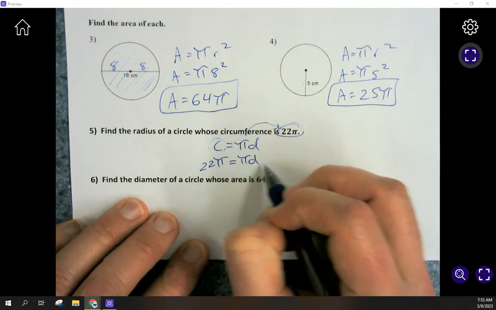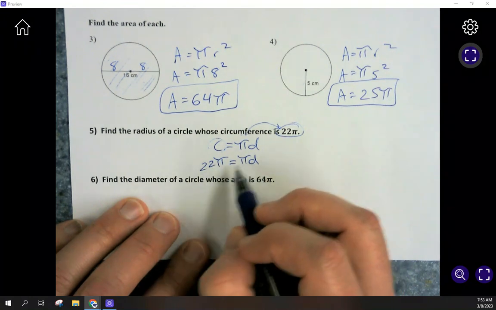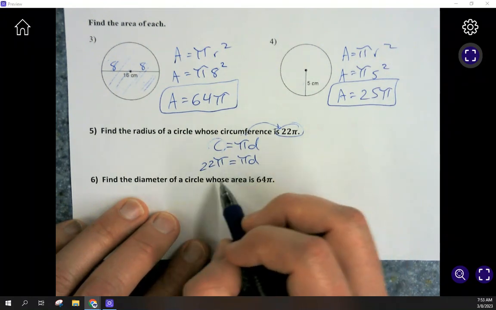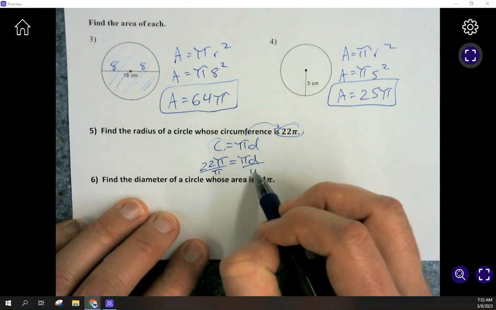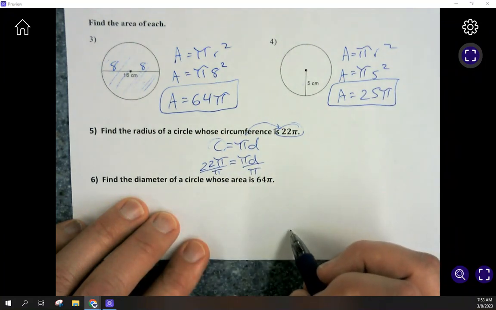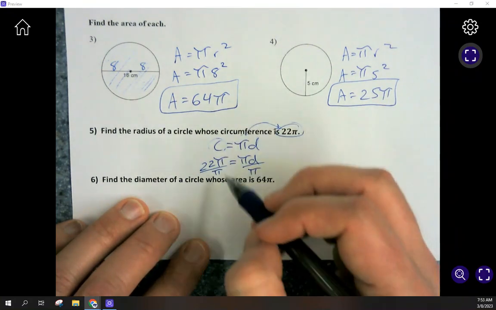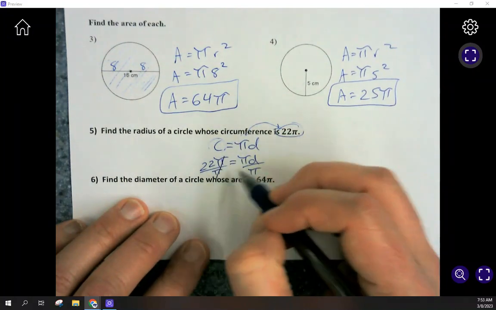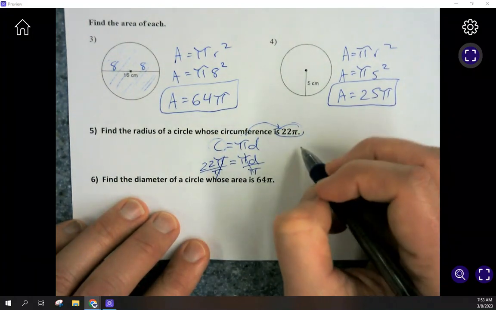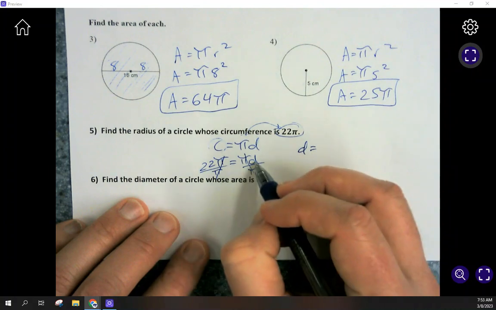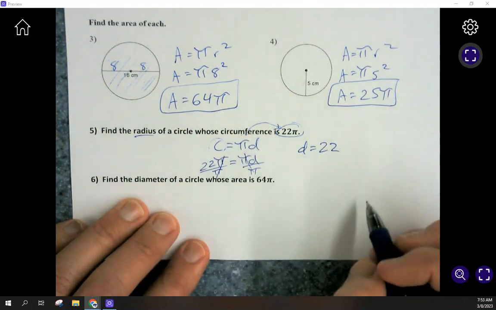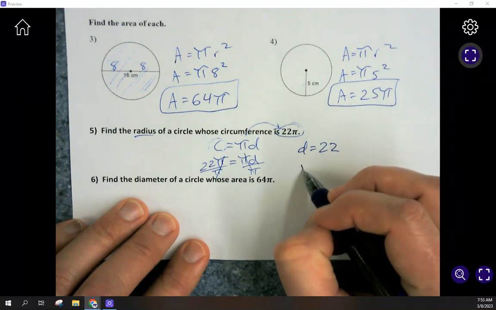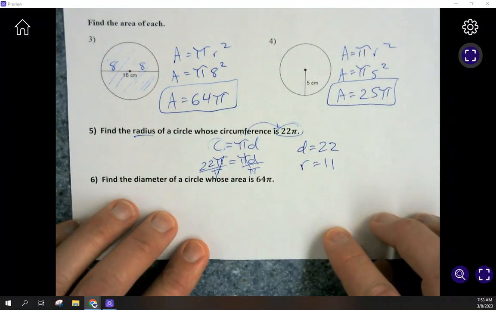That equals pi times the diameter. So you can see how that lines up. 22 is the diameter. Algebraically, what you're actually going to want to do is divide by pi on both sides. We can always divide by the same number on both sides, multiply by the same number on both sides. It clears out pi. So diameter is left equals 22. And now they want the radius. Radius is always half the diameter, so the radius is 11.